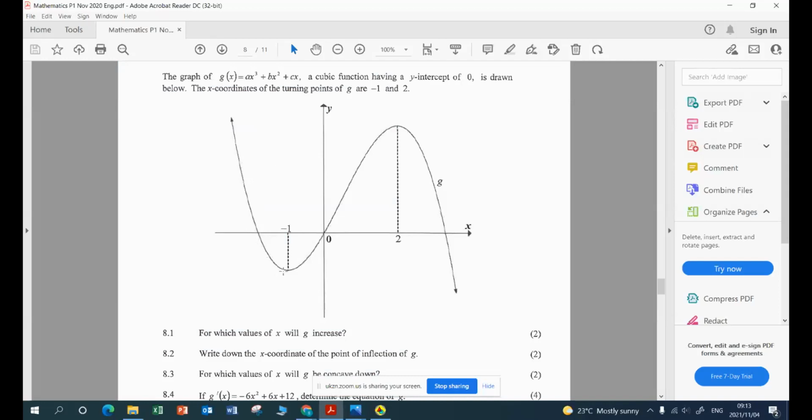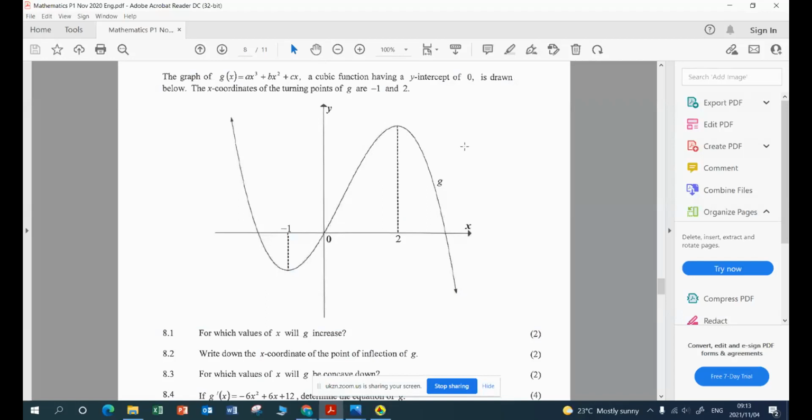And then you come to the stationary point. From -1, let's see what happens. The y values increase, up to the point where x is equal to 2. Therefore, the function increases from -1 to 2.